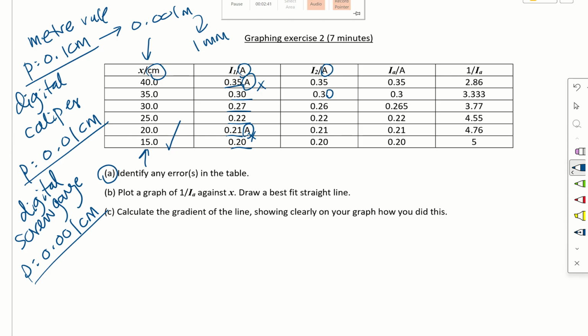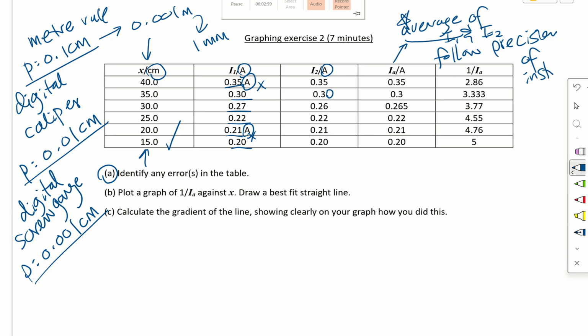Okay, now this is IA, so I take it that this is the average of I1 and I2. So average always follows precision. Okay, average follows the precision of the instrument. So 0.35, so this should be 0.30.